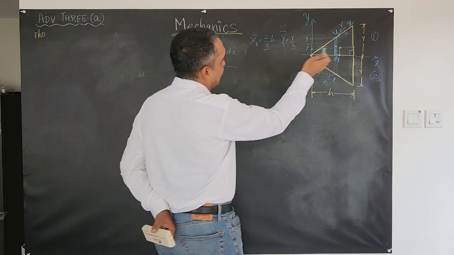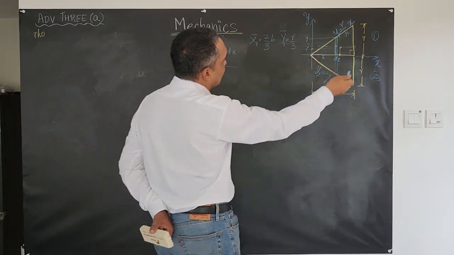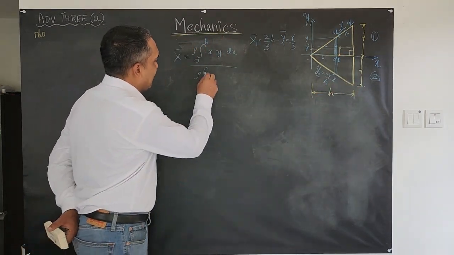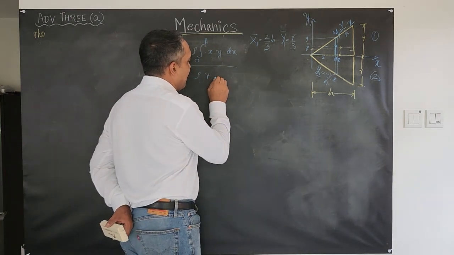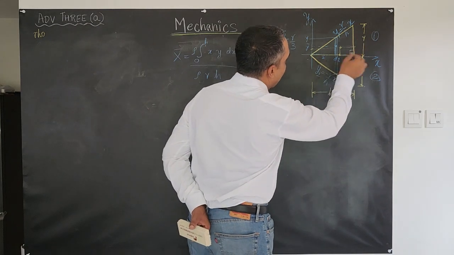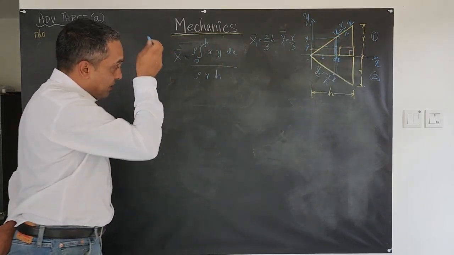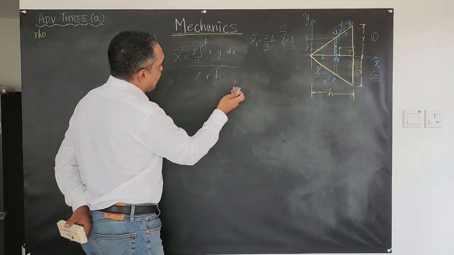Here obviously it's half base into height. Height is 2r, so it's just nothing but r by h. I don't even need to do this. I can just write r by h, because that's 2r and that's h, divided by 2, and that's area. So I could just write this very simply like this.